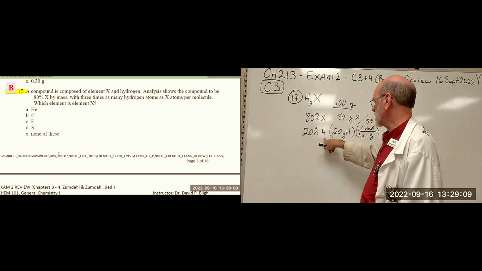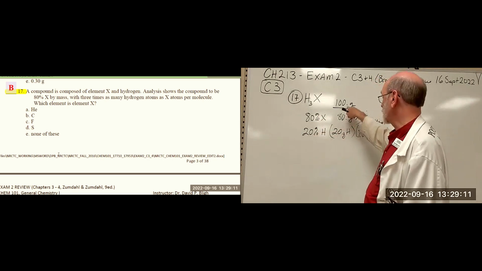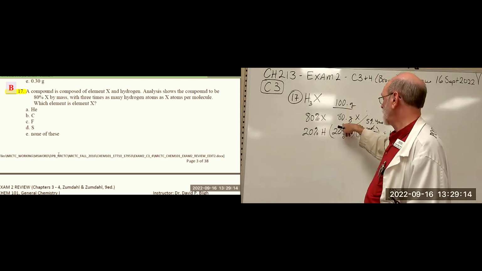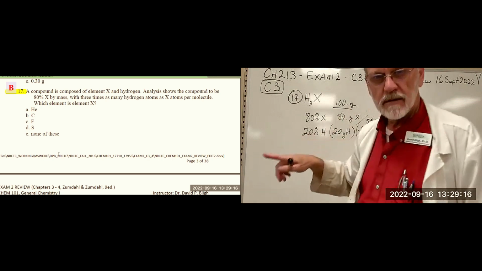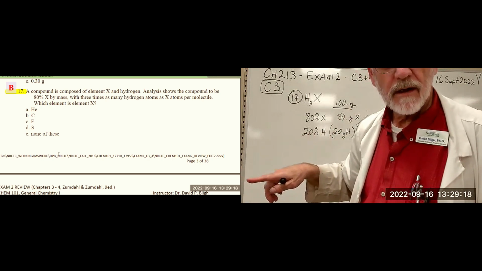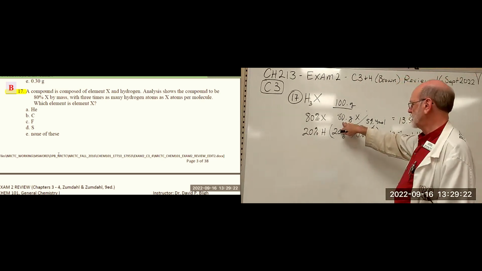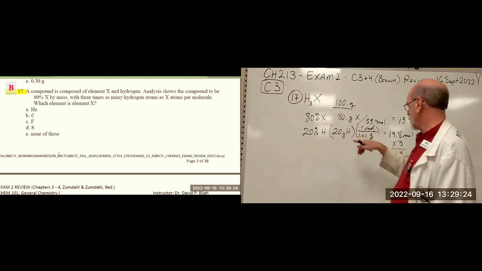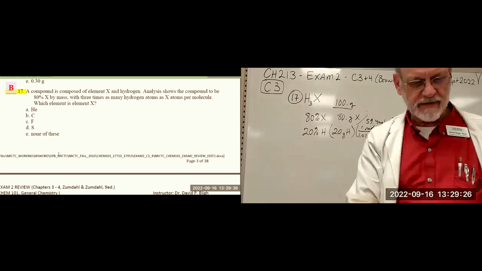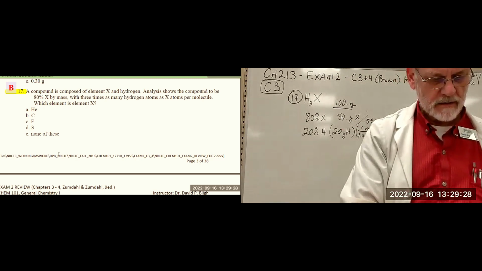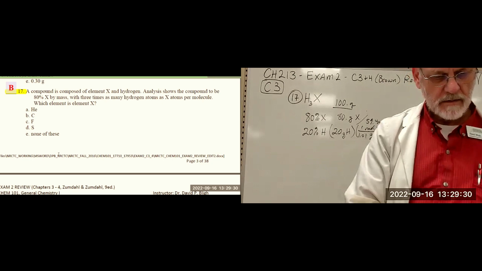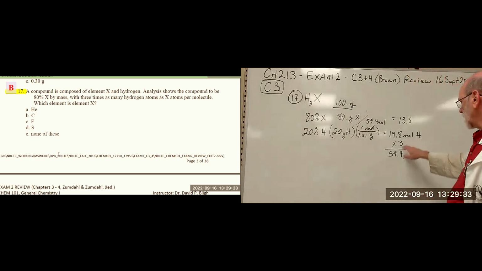80% X, 20% hydrogen, 20 grams out of 100. So that means 80 grams of X. Let's see, 1.01 into 20. Let's see if I did that one right. 19.8, okay.